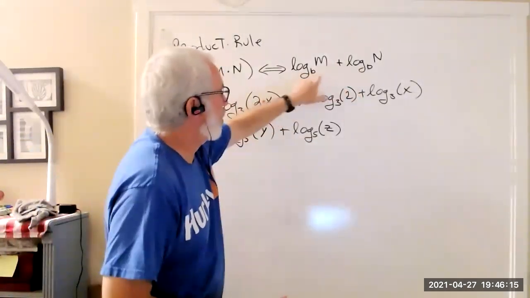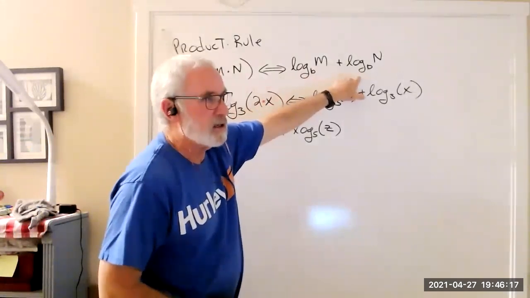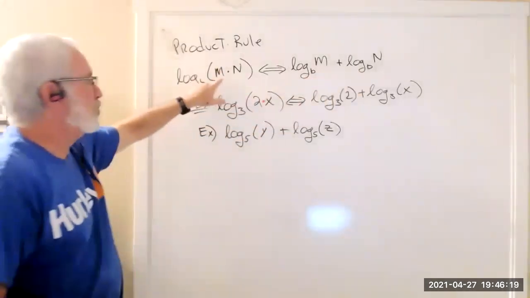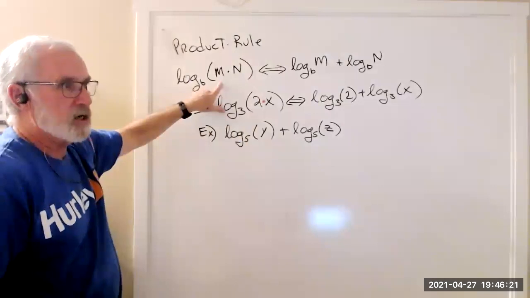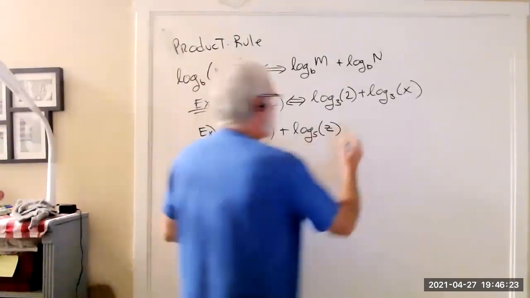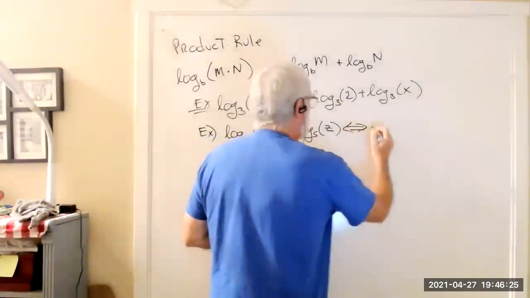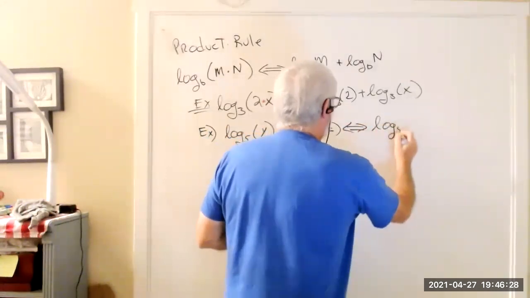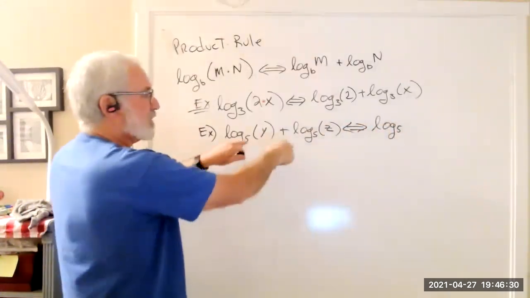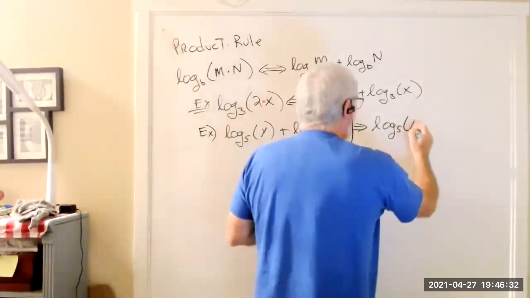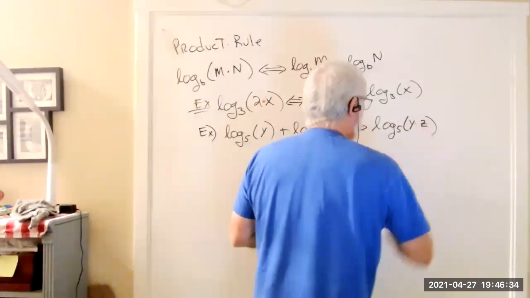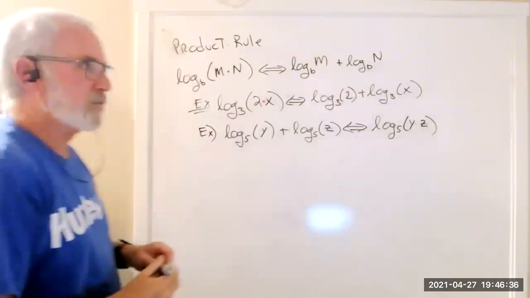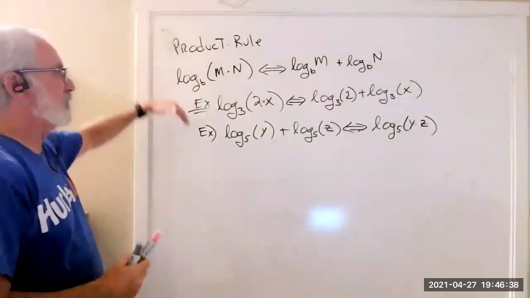Two separate logs that are adding can be condensed into one log that is multiplying. So this could be turned into log base 5, always the same base, of y times z, whatever that is. I'm going to erase my examples up here.